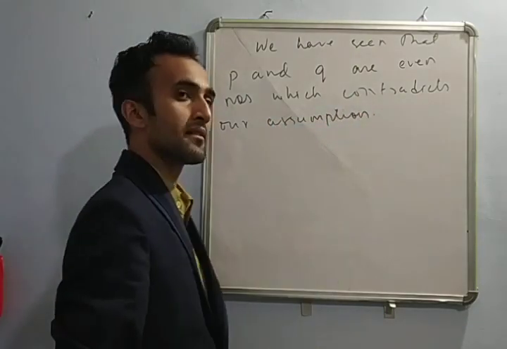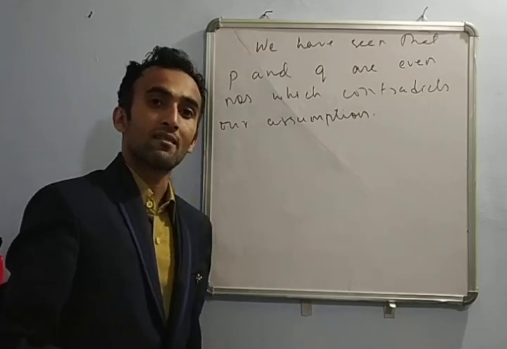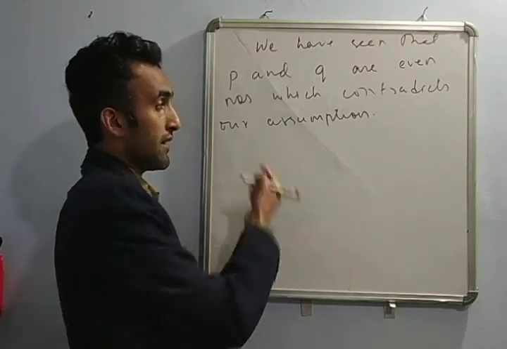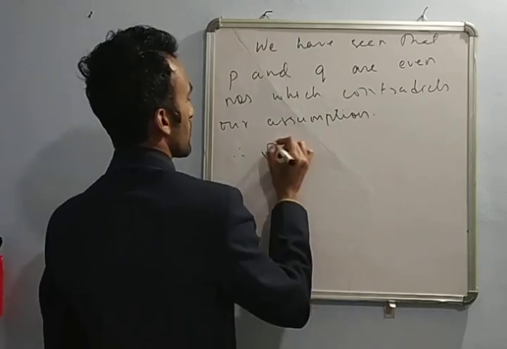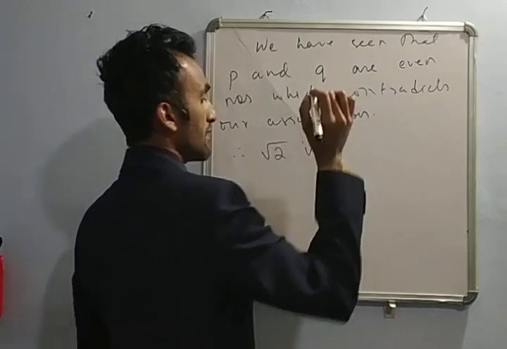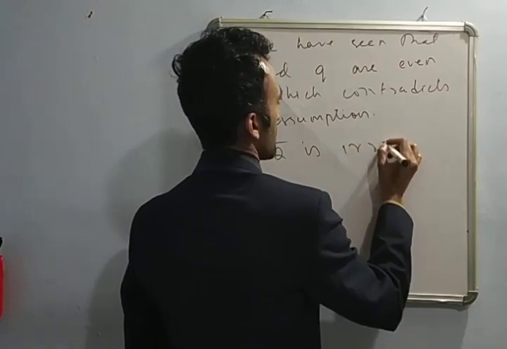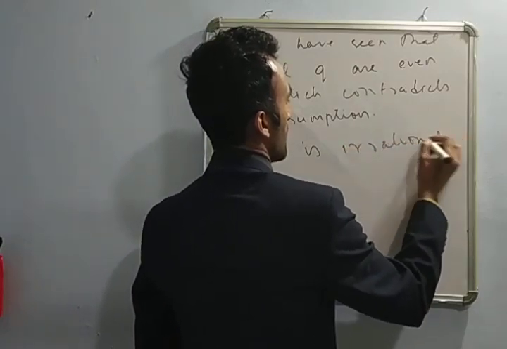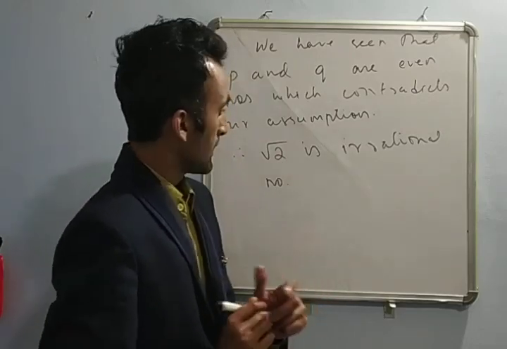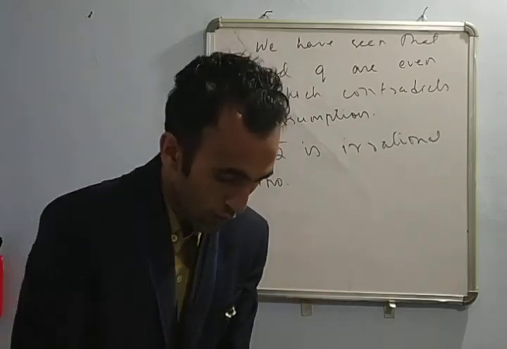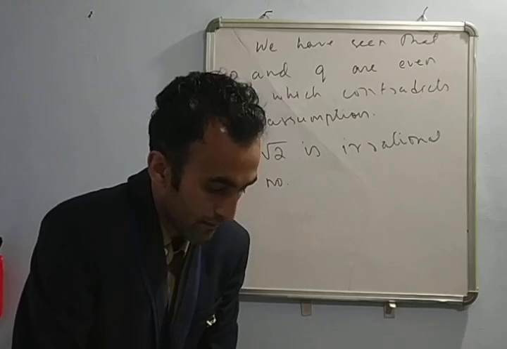What was our assumption? P by Q is a rational number. So after that we started doing this. Therefore, square root of 2 is an irrational number. So this is the second method to prove that something is an irrational number. Very easy.